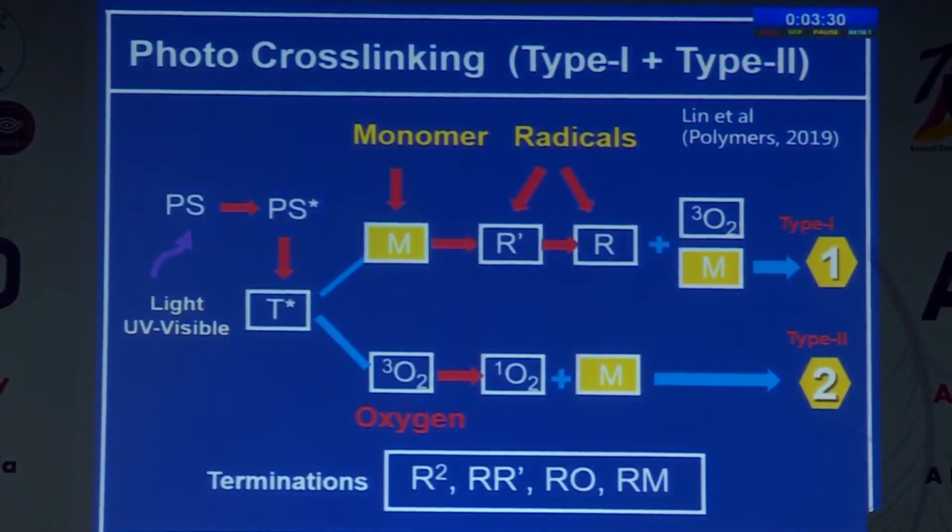The series means you want to convert the monomer to a polymer. So actually this is a polymerization process, and there are type 1 and type 2.